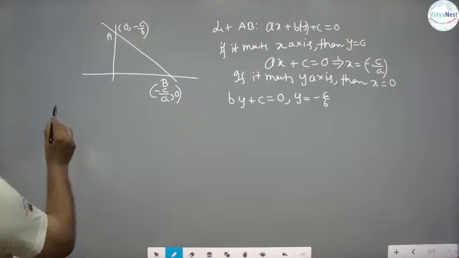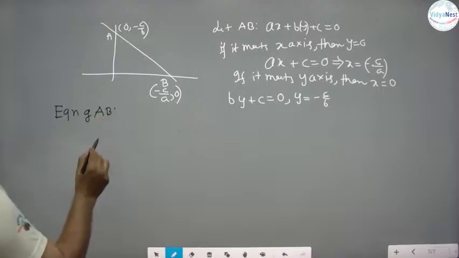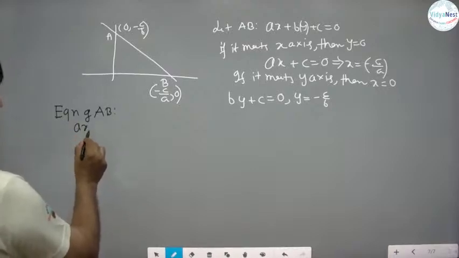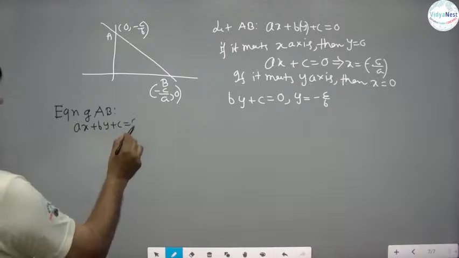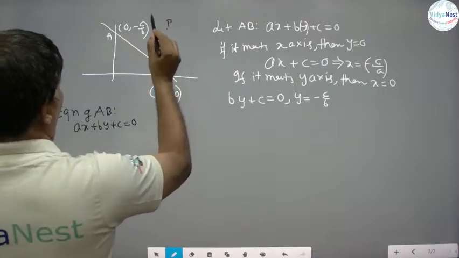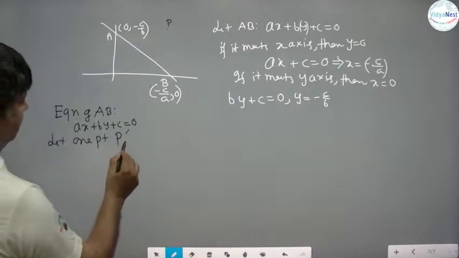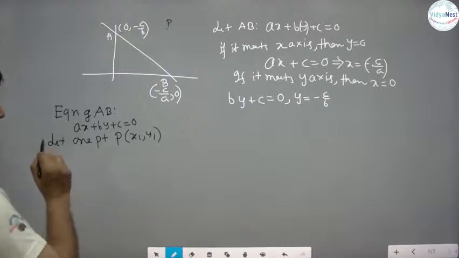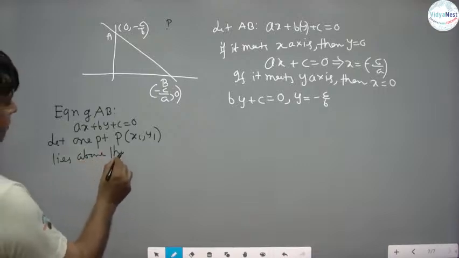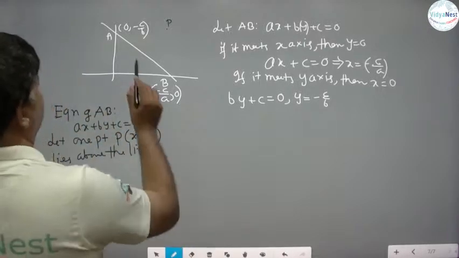Now the equation of AB is given: ax plus by plus c is equal to 0, and let there be one point P that has coordinates x1, y1 and lies above the line. Join.